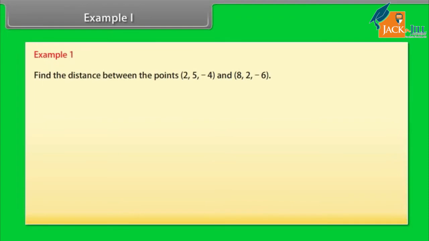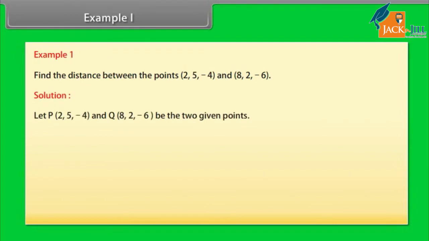Example 1. Find the distance between the points 2, 5, -4 and 8, 2, -6. Solution: let P 2, 5, -4 and Q 8, 2, -6 be two given points.